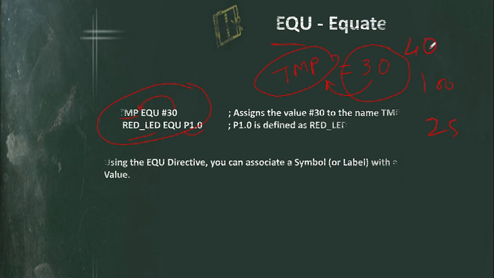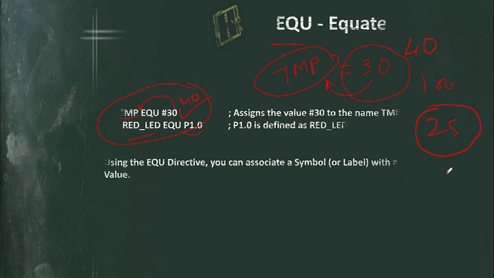So if you want to change this, instead of changing the 25 lines, if you equate it to TMP or some other name, you just change this one particular line. Here you make it 40. Then wherever you used TMP in these 25 lines, that will become 40 automatically. You need not change the 25 lines.